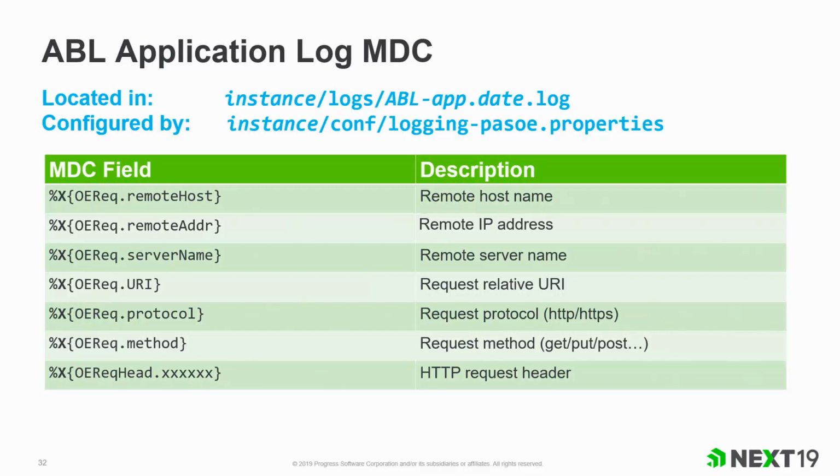So if you needed to tack on a specific header to identify a certain type of client or a certain type of customer, you could include those in your log file, right? By just adding that header on the client side, you can make sure it made it all the way to your log files.